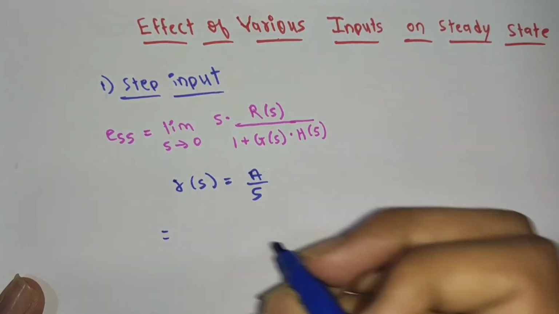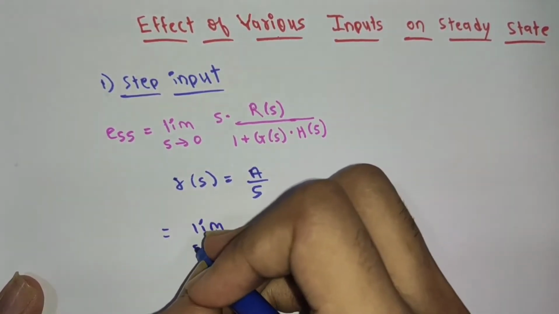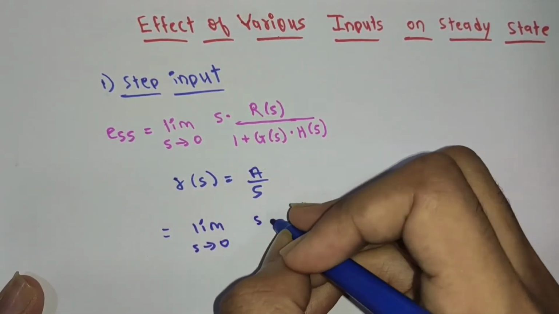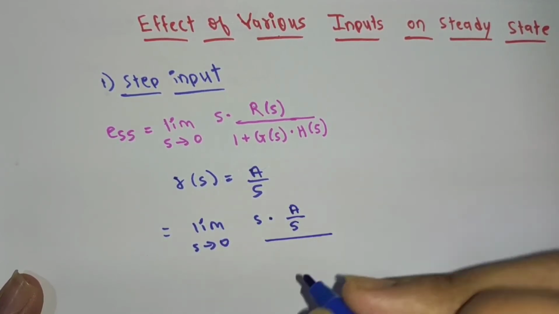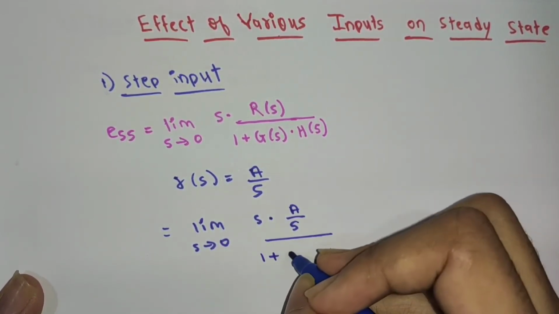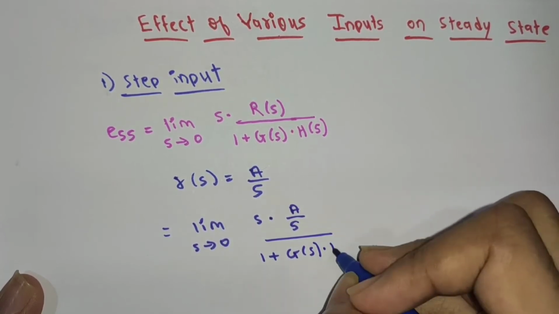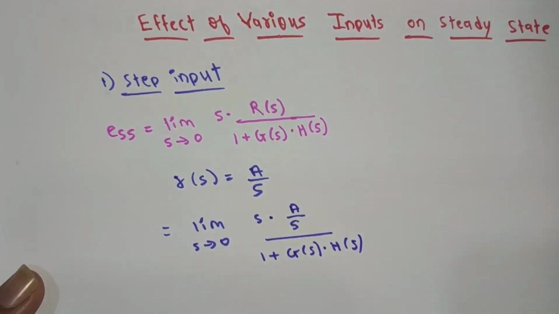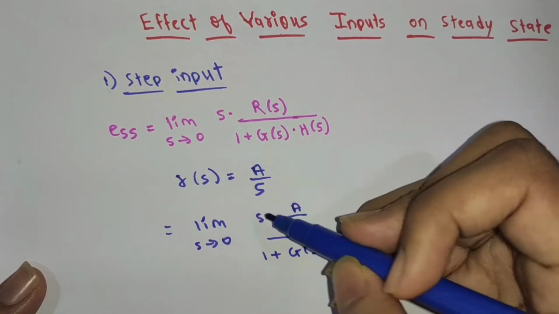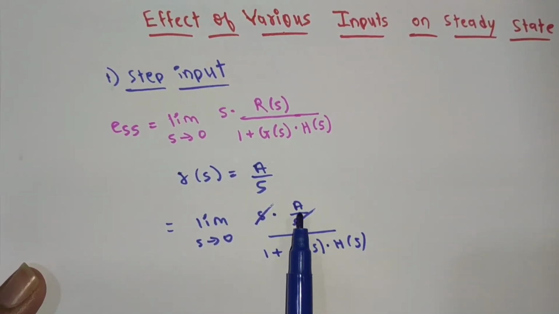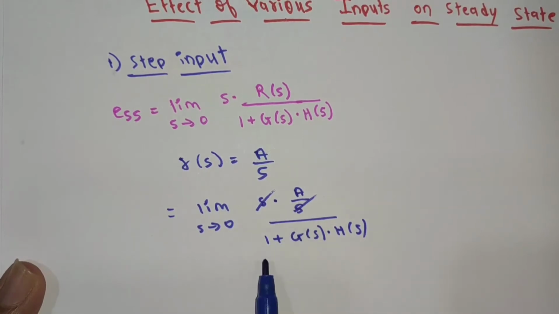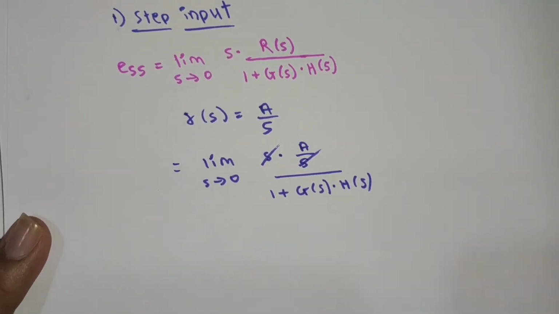It will give me limit S tends to 0 of S into A by S in the numerator, and in the denominator I am going to write 1 plus G(s)H(s). Now you can see this S and this S will get cancelled, and this A becomes a constant. Here A is a constant, here 1 is a constant, but this thing is not a constant, so the limit will be applied to this part of the denominator.